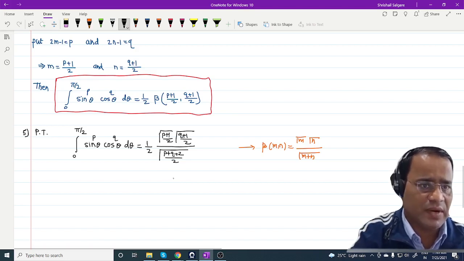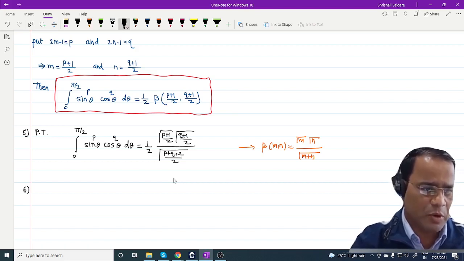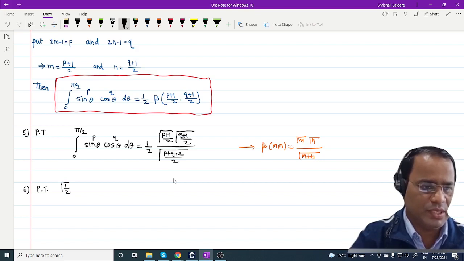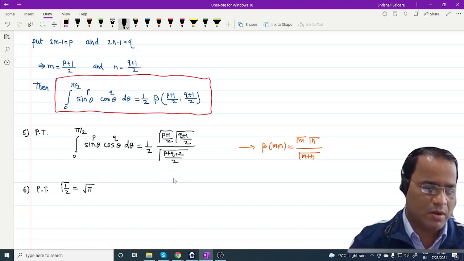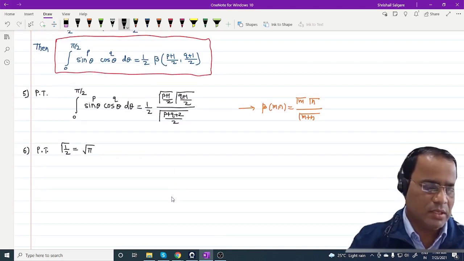Now the sixth one, some particular property, that is gamma of 1 by 2, that we accepted in the gamma function. Gamma of 1 by 2 is given as root of pi. Now to prove this result, I will continue with this integral.